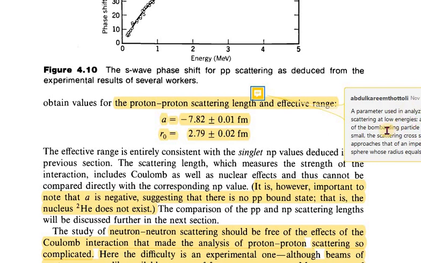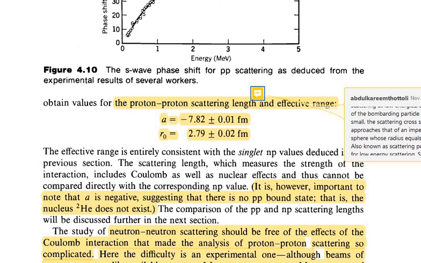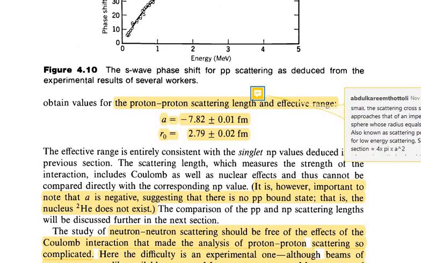As the energy of the bombarding particle becomes very small, the scattering cross section approaches that of an impenetrable sphere whose radius equals this length, also known as scattering power.